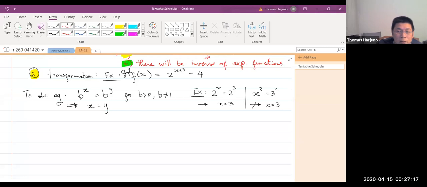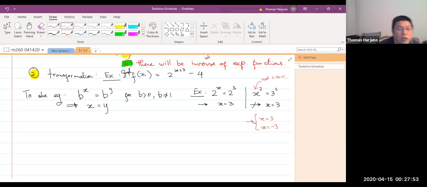In fact, to be more precise, x either equals 3 or x equals -3, and that's because x squared is not a one-to-one function. Now, the exponential function is a one-to-one function, so as long as the base is the same, the exponent must be the same.